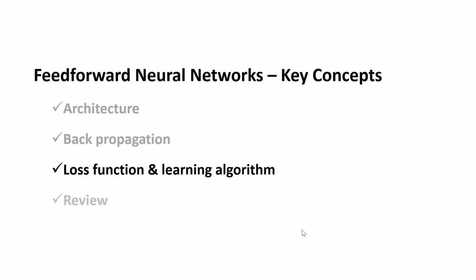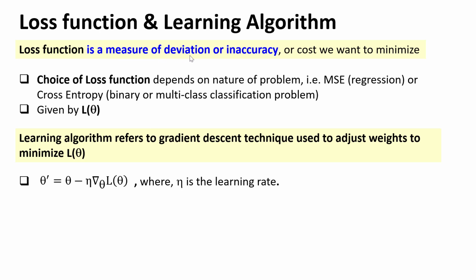Moving on, the other important aspect is the loss function and learning algorithm. The loss function is a measure of deviation or inaccuracy or cost you want to minimize. The choice of loss function depends on the nature of the problem. For example, MSE for regression or cross entropy for binary or multi-class classification problems. And it is defined by a mathematical expression L of theta, where theta are the parameters representing the weights and the biases as we looked at before.